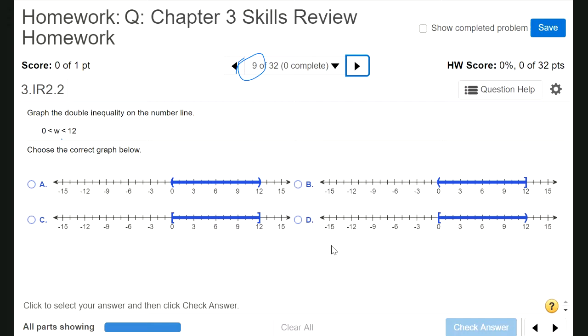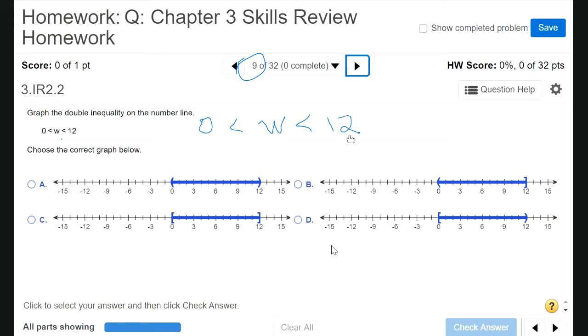I'm going to write that bigger over here. And basically what this is saying is if I read it from the W, I'm going to read to the left. To the left, it says W is greater than 0. And if you read to the right, W is less than 12. So basically, W is between 0 and 12.